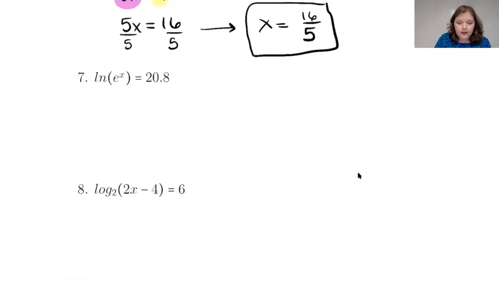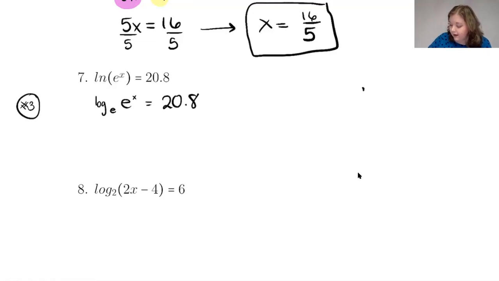So here, let's work with number 7. With number 7, we know that natural log is log with a base of e, of x. And then we have that equal to 20.8. And so this should remind you of property number 3 of the 3 special properties of logarithms that we have, where log base a of a to the x equals x.